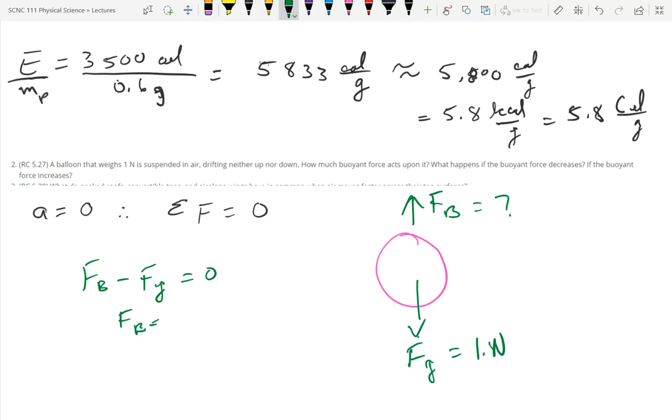If it was 0, I'd have the buoyant force minus the force of gravity, so minus 1 Newton equals 0, and 0 minus 1 is not equal to 0. What's the buoyant force going to have to be? If I subtract 1, it gives me 0. It's got to be 1 Newton so that the net force, when I add them all up, comes to 0.